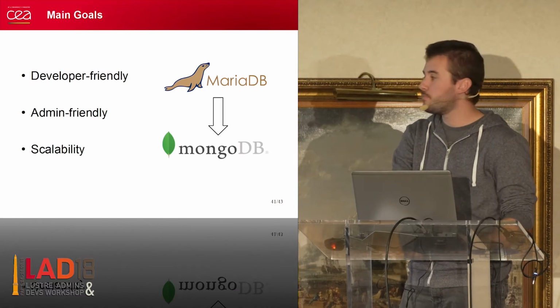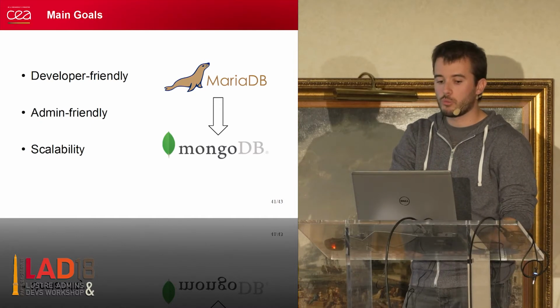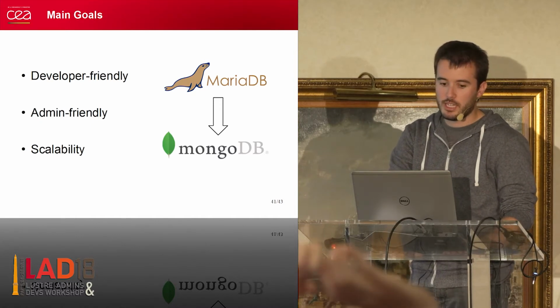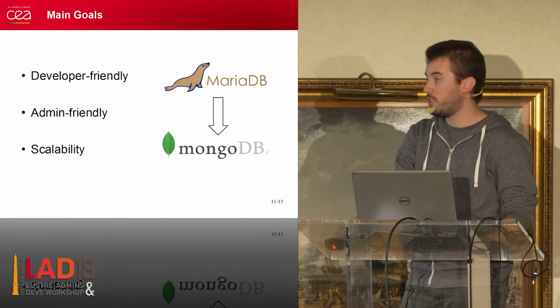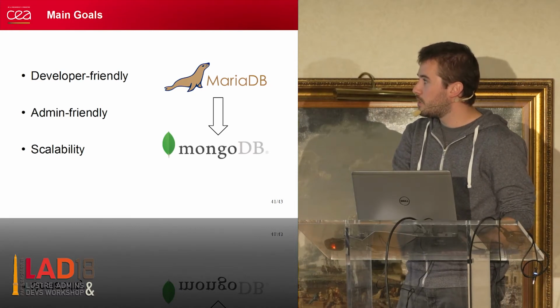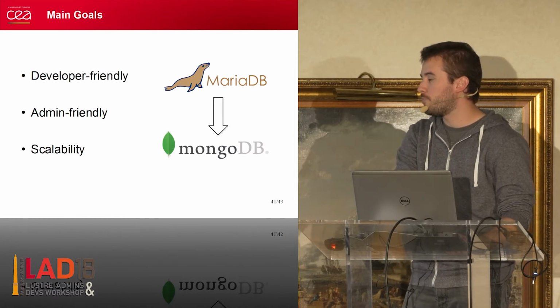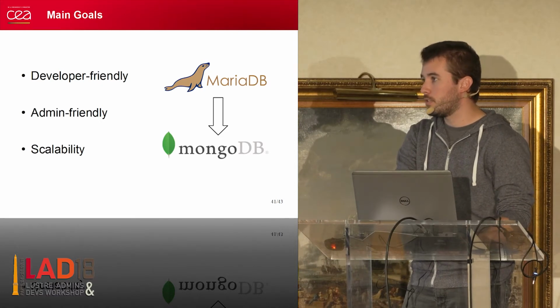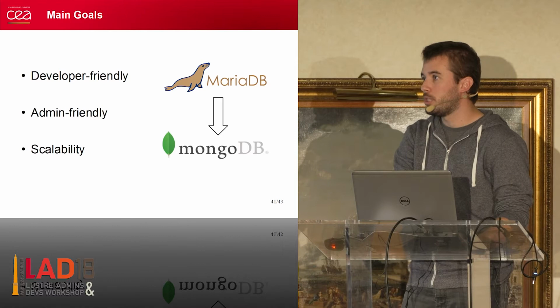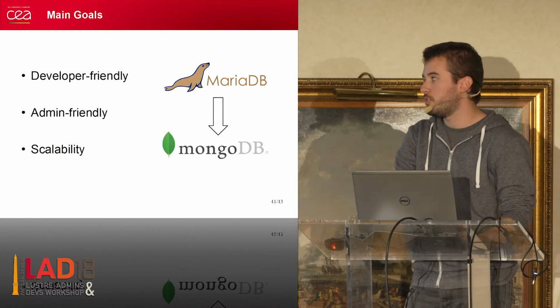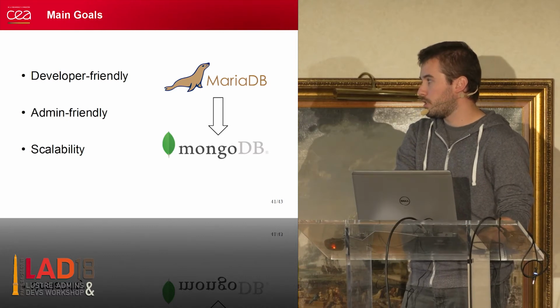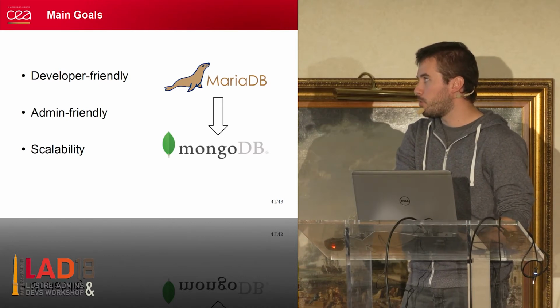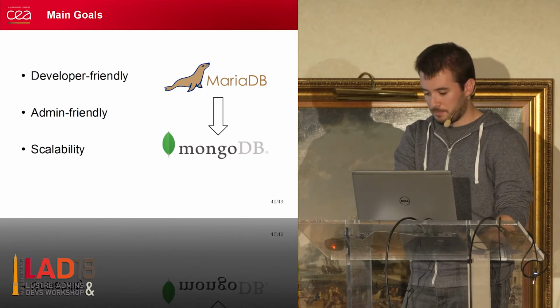Since the v4 is almost a complete rewrite, I have many opportunities to make this code base very developer friendly. The admin friendly part, by that I mean the fact that, for example, RBH Find will be usable just as Find. So I expect that this is easier from an administrator standpoint. And the scalability comes from just switching backends.